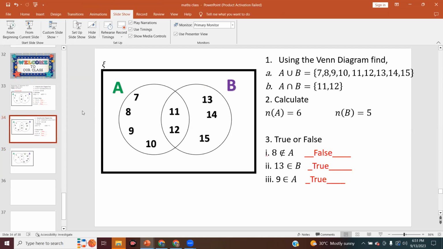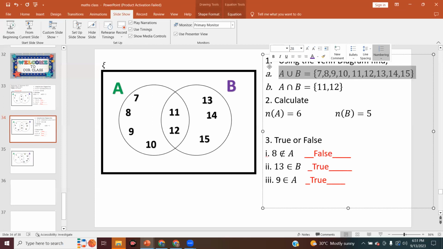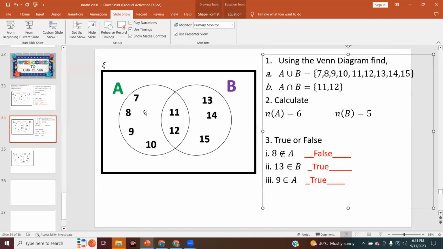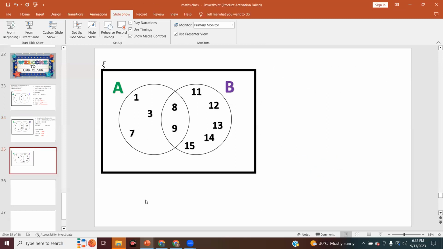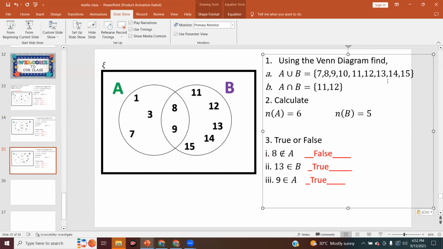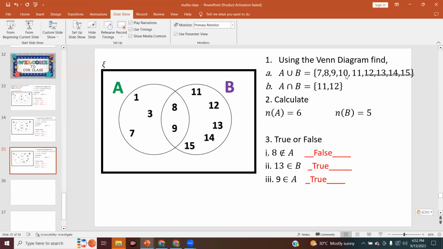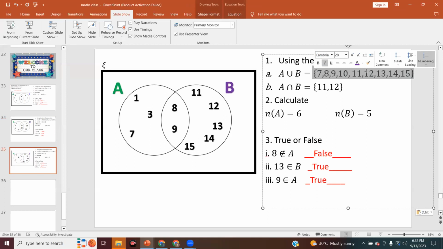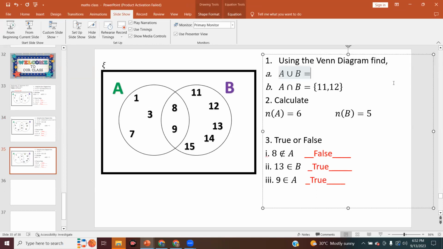Okay, so for this particular one, I want to use the same questions. In this case, what is the union? What is the intersection? What is the number of elements in A? What is the number of elements in B?